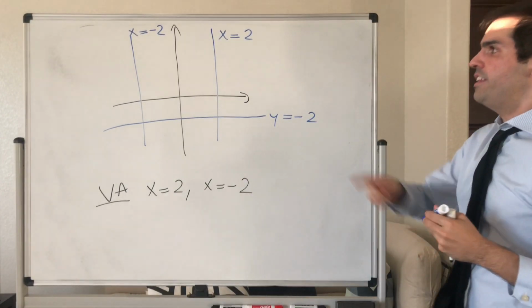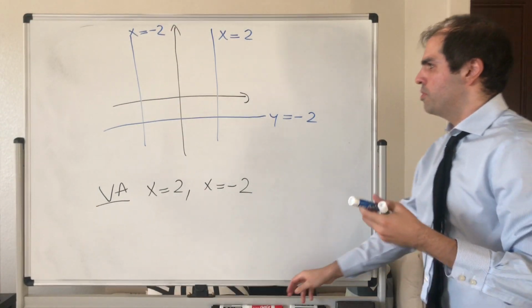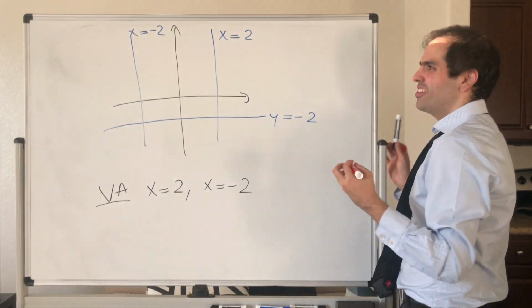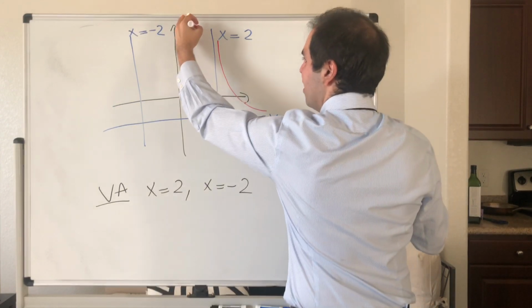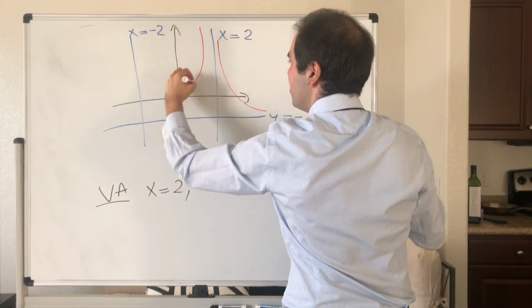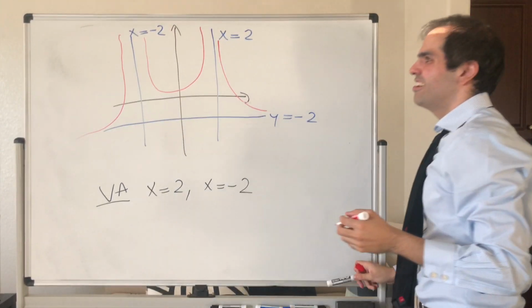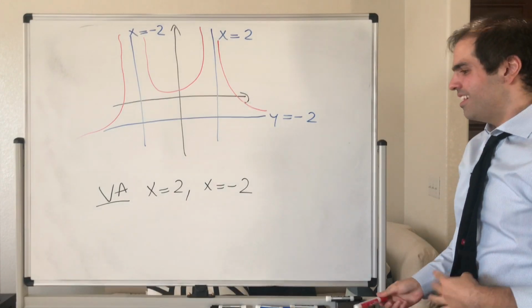So again, that is the answer to your question. If you're curious what the function looks like, I'm not 100% sure, but it might look something like this, maybe like that, and it approaches this. Again, not 100% sure, but something similar to that.